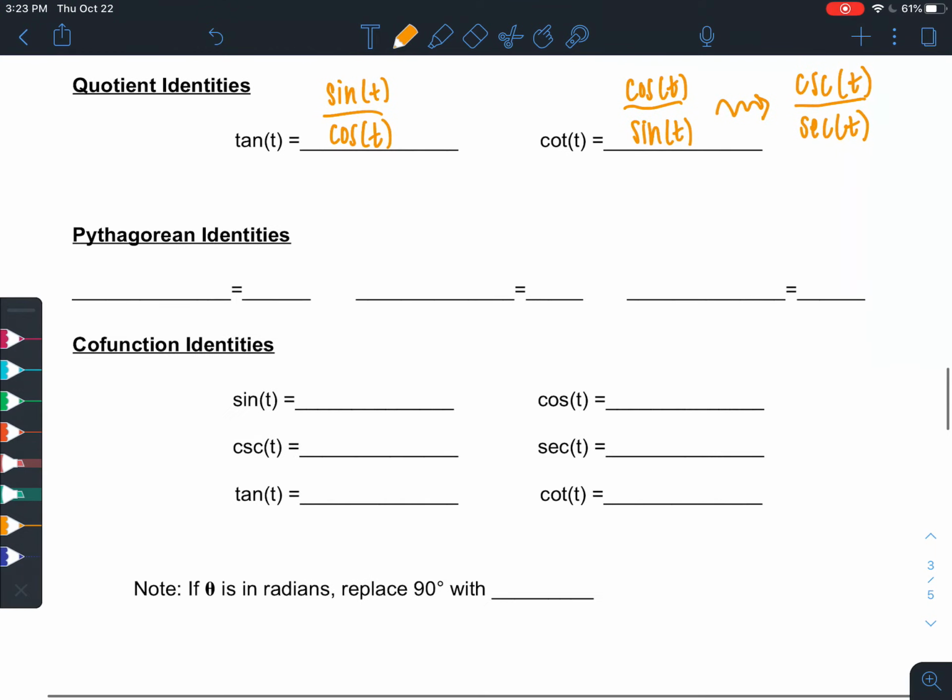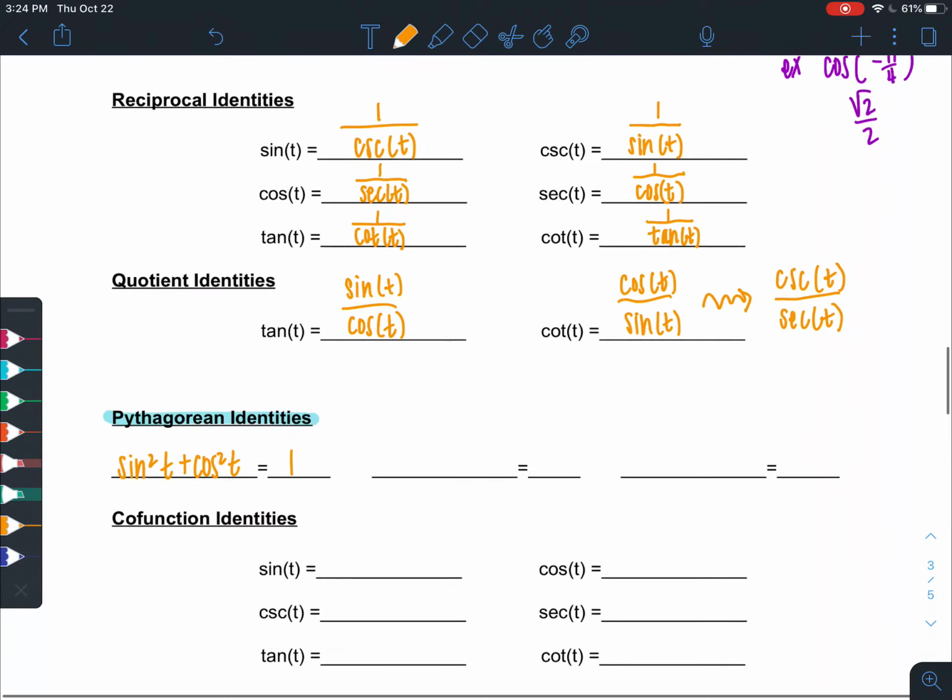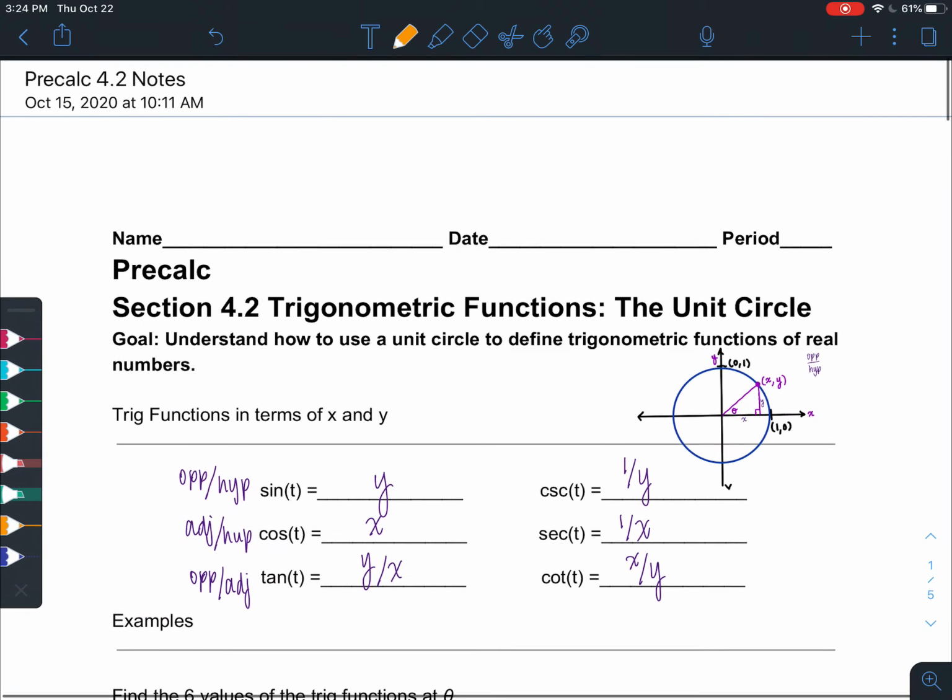Pythagorean identities, these are ones that you're really going to have to remember. You're going to use these quite a lot, especially if you move on to higher grades of math. So this is going to be sine squared t plus cosine squared t equals 1. Now, just remember that we had this triangle at the very beginning.